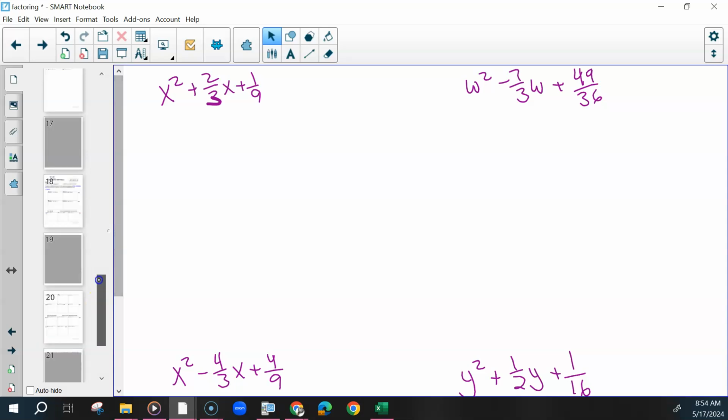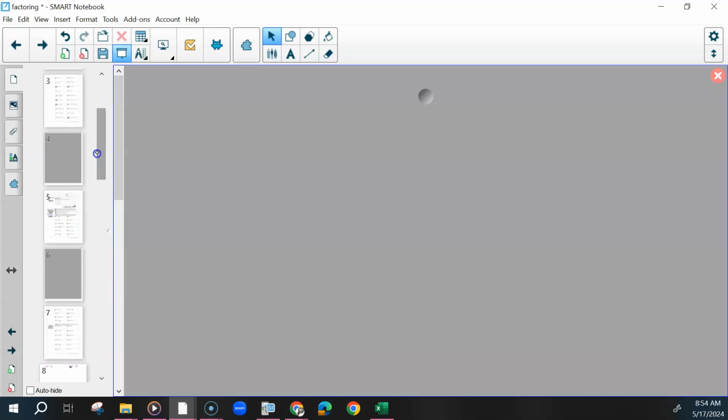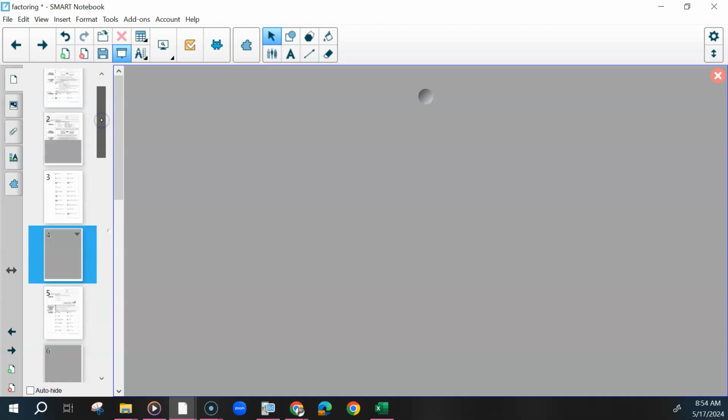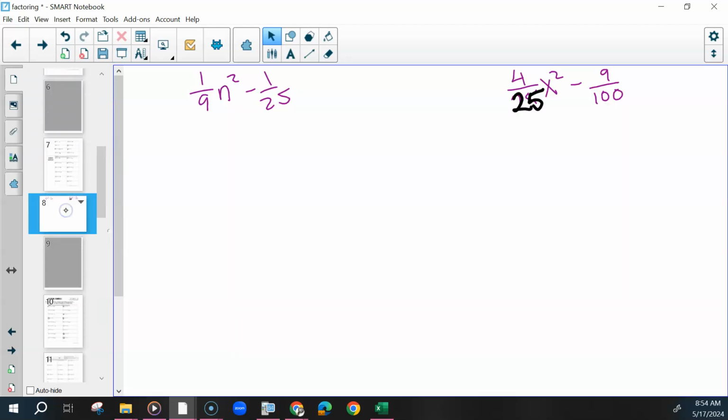And somewhere else where you have space, like this. These won't take up much space because they're difference of squares. These two are difference of squares questions, so like at the top on the side.